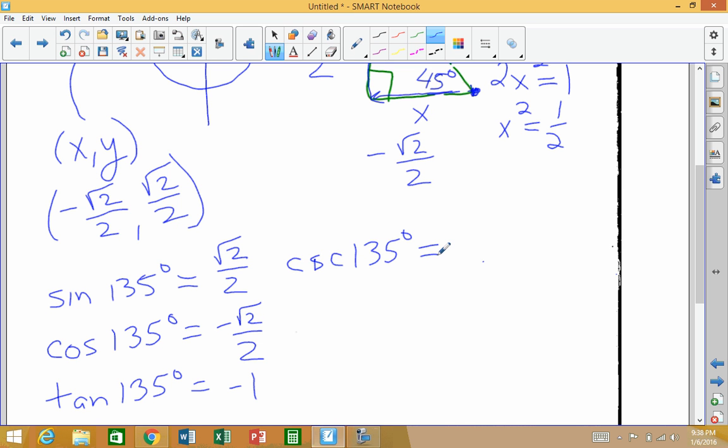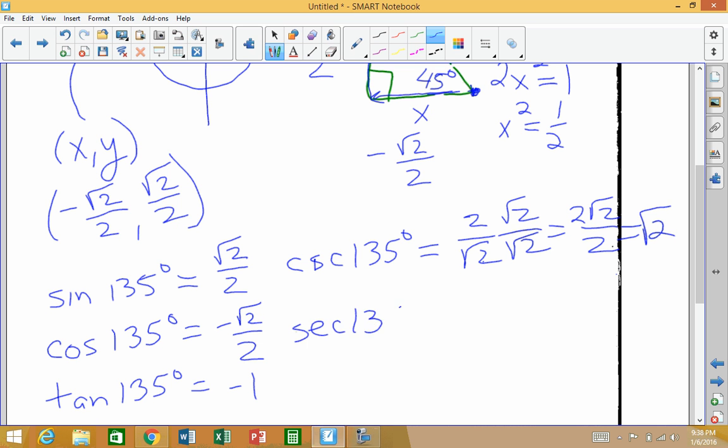That's just going to be the reciprocal. Now that's going to be 2 over the square root of 2, getting rid of the radical 2. We end up with 2 square roots of 2 over 2, or simply just the square root of 2.